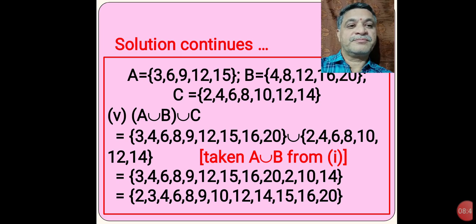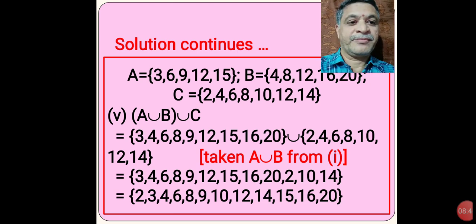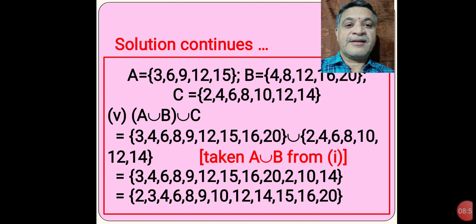Now 2 in the second set. It is not in the first set, so you write 2 as it is. And then 4 already written. 6 already there. 8 it is already there. 10 is not in the previous set, so you write 10 here. 12 already there.